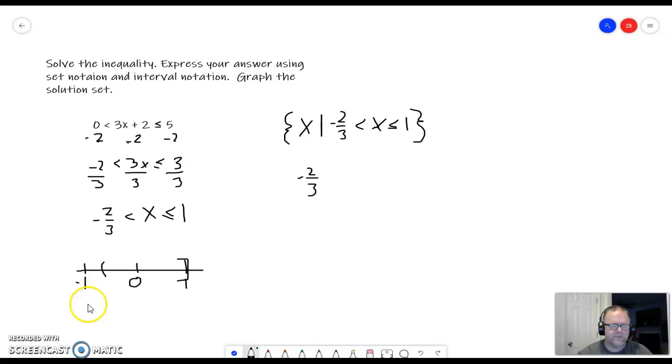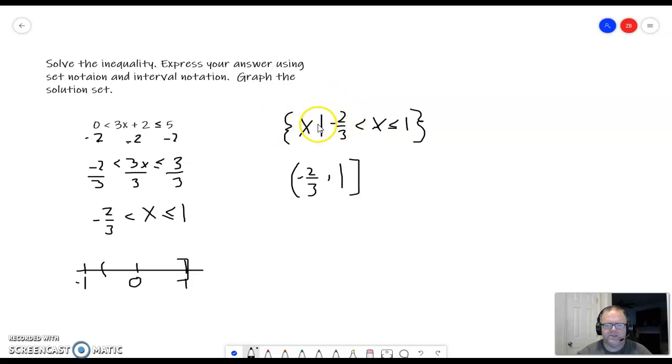We don't include it, so we put a parenthesis there, because it's a strict inequality. There's no extra line. Then we put a comma, and then the last number, which is 1. We see if we include that or not, which we do, because we have the extra line there. So we put a bracket.